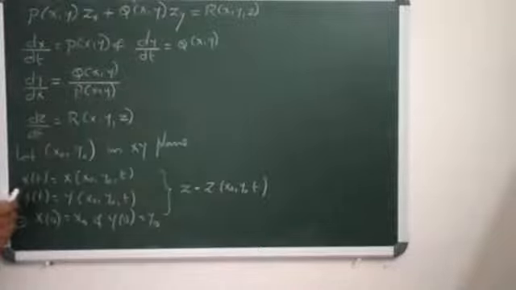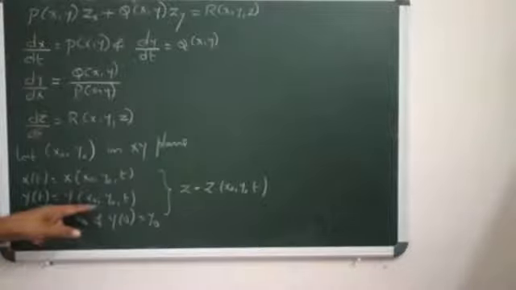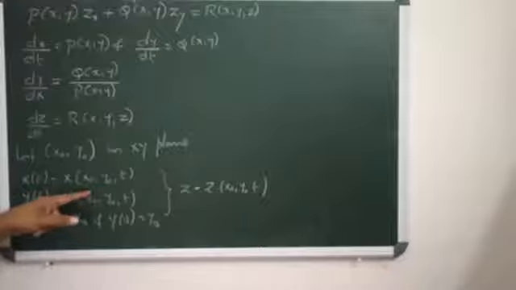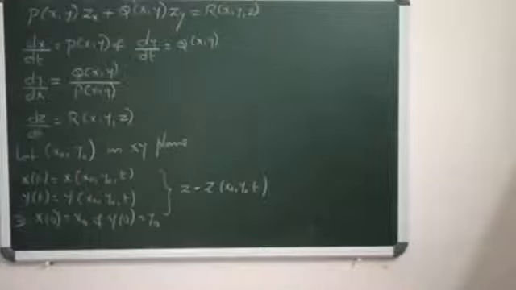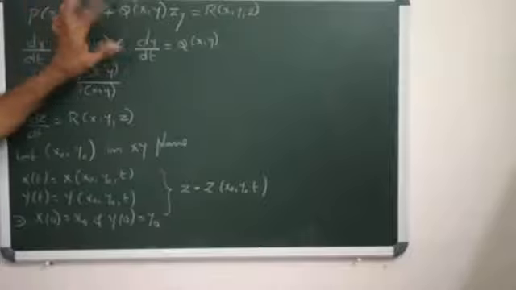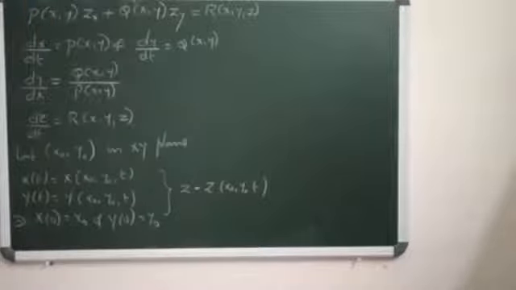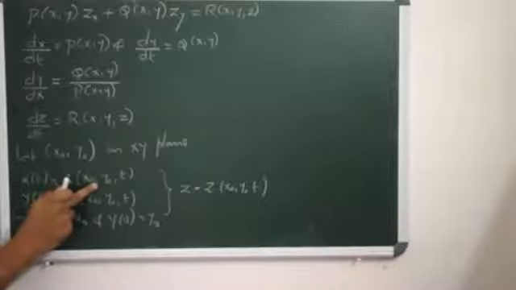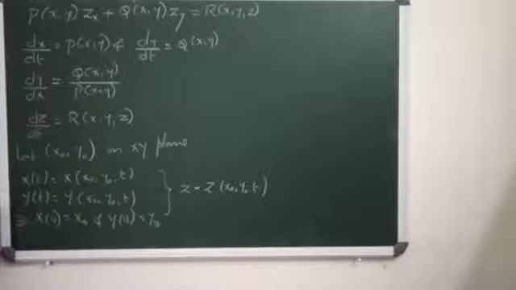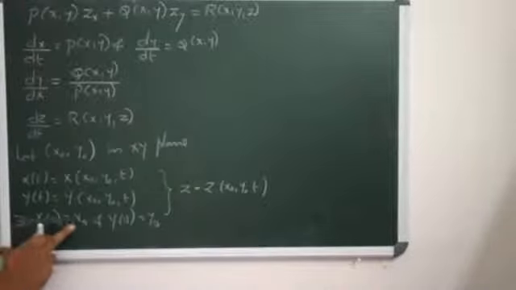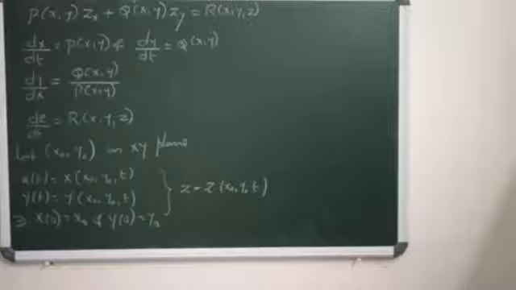Then by the existence and uniqueness of solutions of the initial value problem, x(t) = x(x0, y0, t) and y(t) = y(x0, y0, t) satisfy the ordinary differential equations dx/dt = p(x,y) and dy/dt = q(x,y). Therefore, using these initial arguments, with x(0) = x0 and y(0) = y0, we have a solution z = z(x0, y0, t).